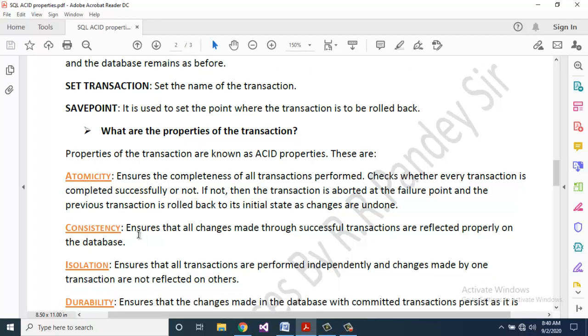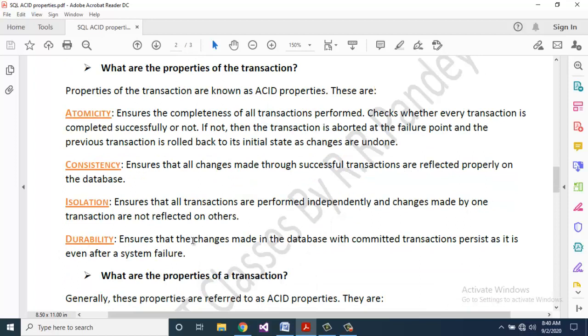Consistency ensures that all changes made through successful transactions are reflected properly on the database. Isolation ensures that all transactions are performed independently and changes made by one transaction are not reflected on others.